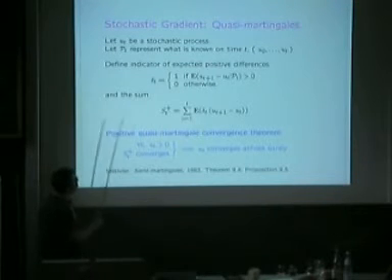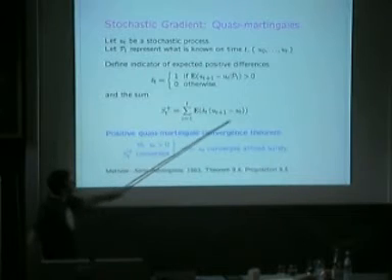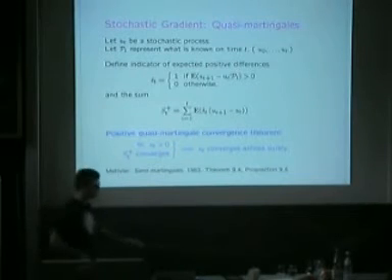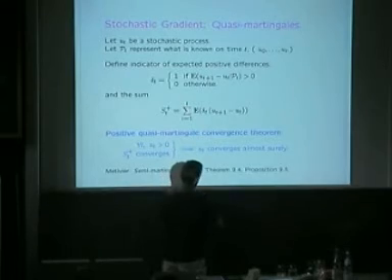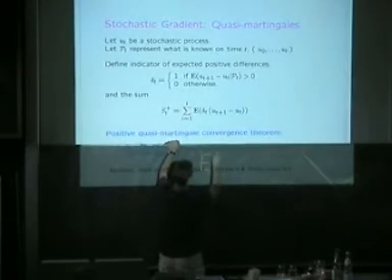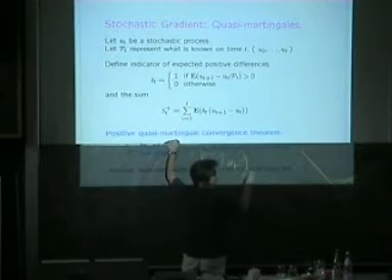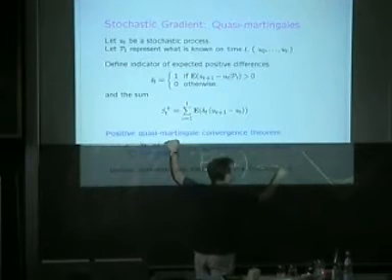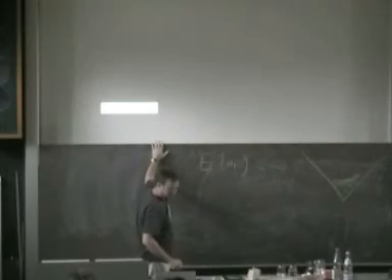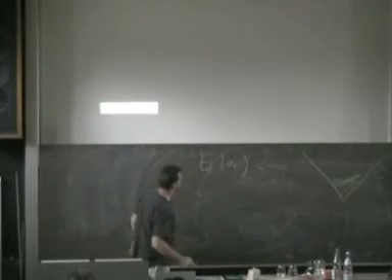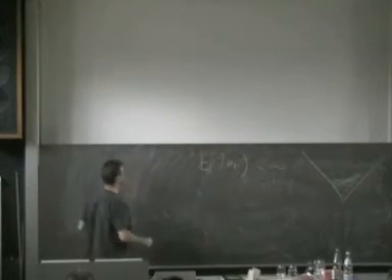Also, you can see that if you have this condition, if this sequence is convergent, you can see by a little bit of manipulation that the expectation of ut is bounded. And that's quite easy.